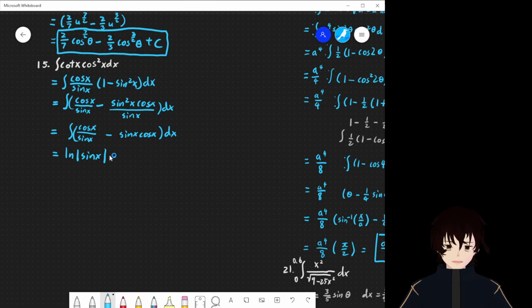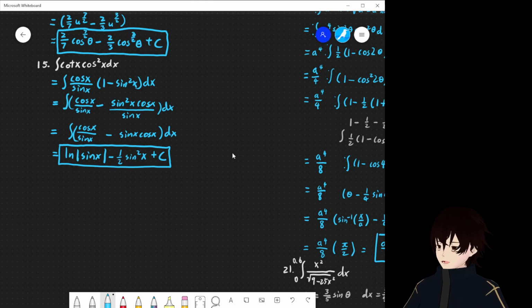And the derivative of sine is cosine, so this is u du. Therefore, it's 1/2 sine squared x, if sine x is u and cosine x dx is du. And then plus c. Alright, number 15 is now correct.